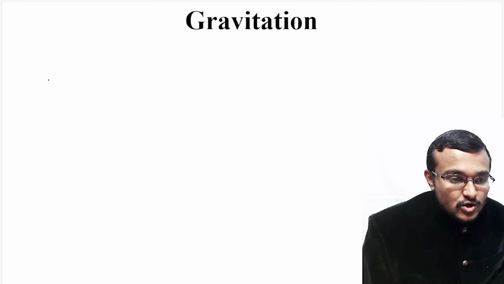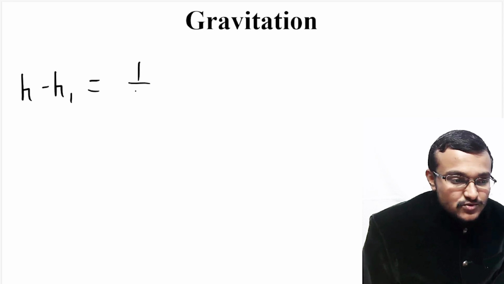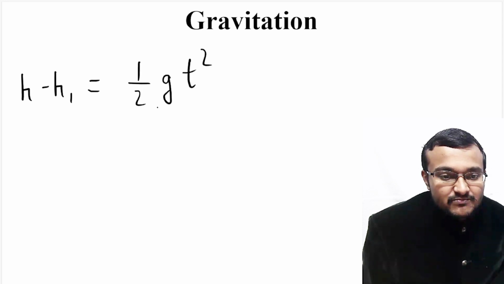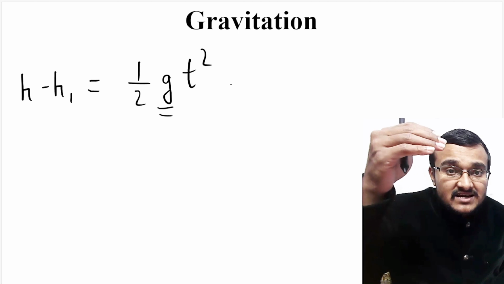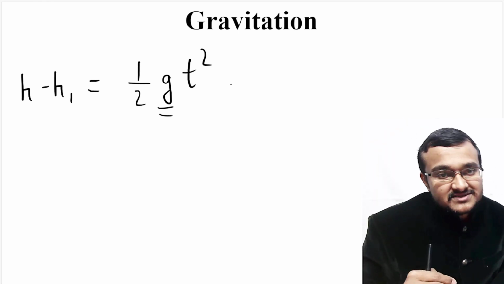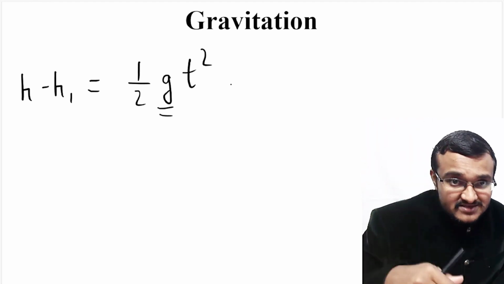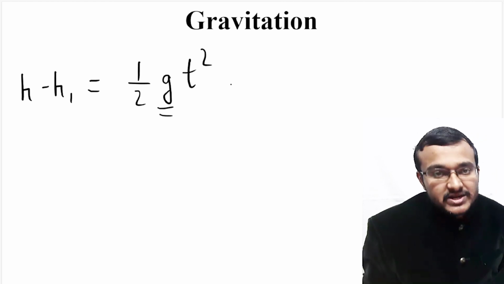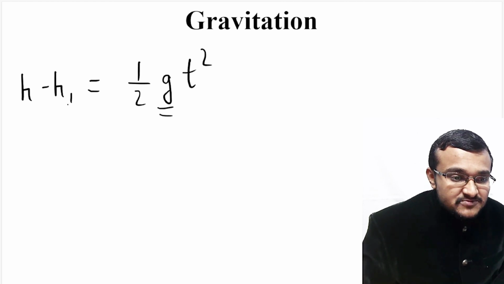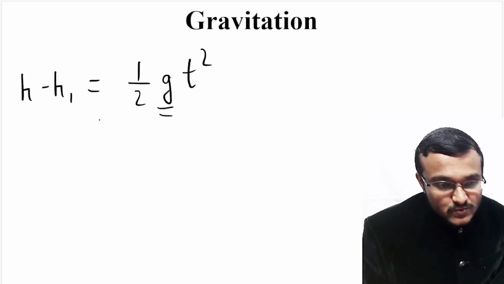Now what is remaining? Only h minus h1 is equal to half gt square. Here plus g will be there because it is coming towards the earth surface. It is traveling towards the earth surface, hence positive acceleration due to gravity will be there. So h minus h1 is equal to half gt square.